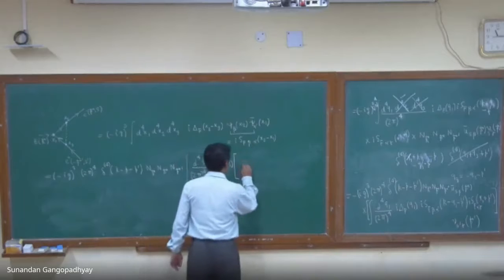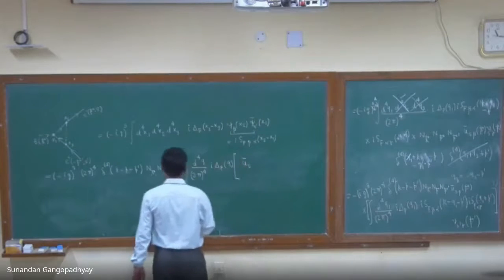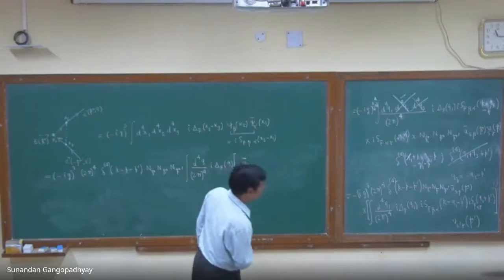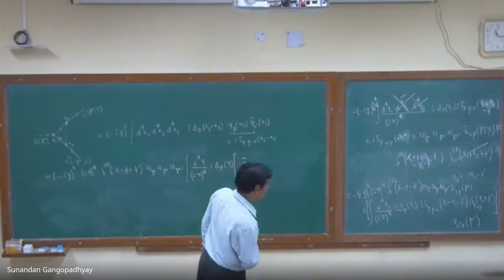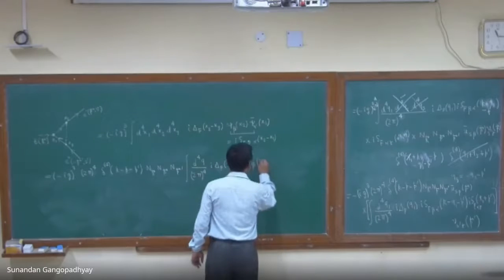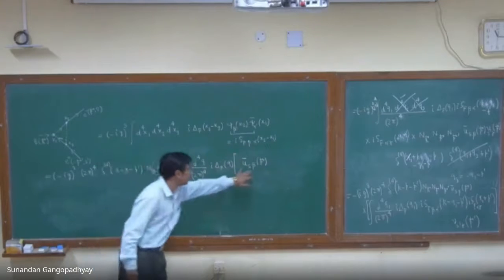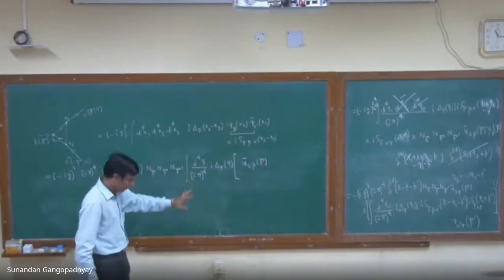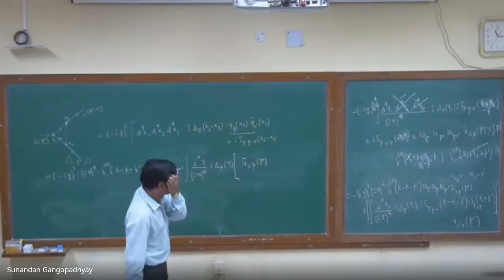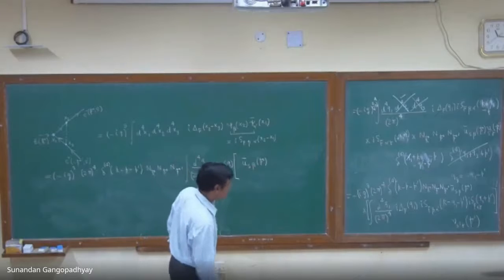Now I shall write this down. This is beta. So this is what we wanted. You are right, you can keep it outside the integral, you can keep it anywhere, but I shall write in a particular order that is quite instructive.